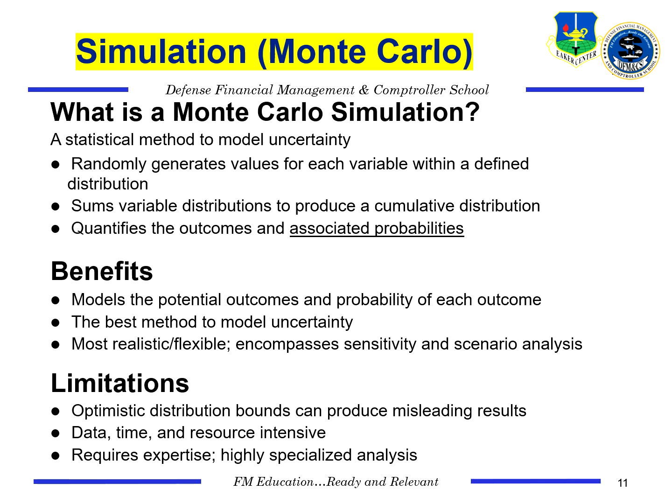For limitations, optimistic distribution bounds can produce misleading results. Simulations require a lot of data. It requires a lot of time, and it is very resource intensive. It also requires a lot of expertise. The analysis is very specialized, and it takes specialized skills.